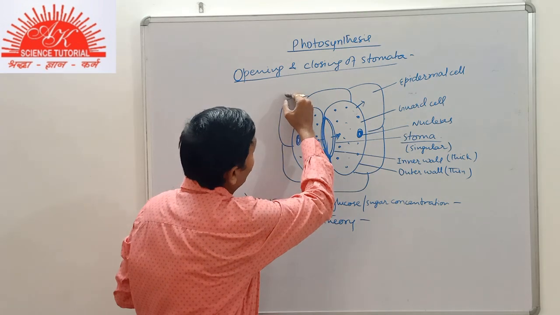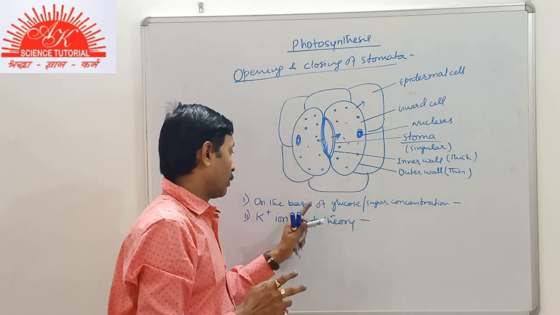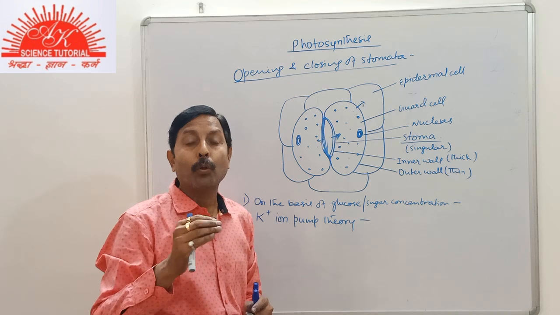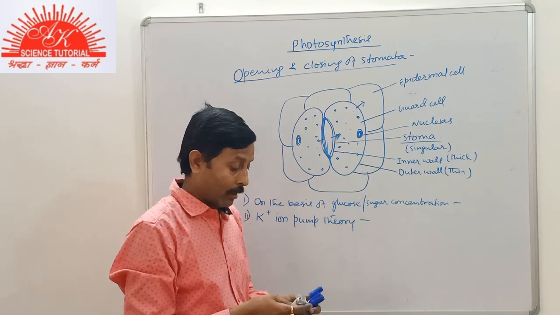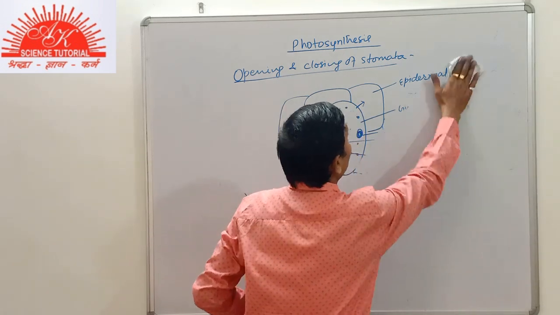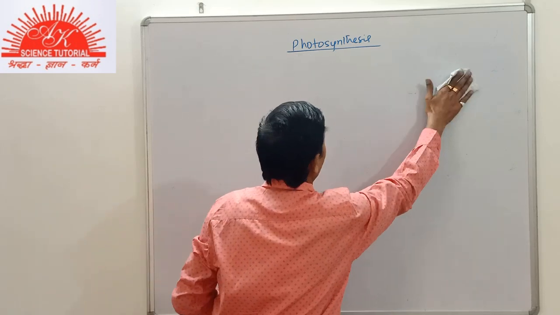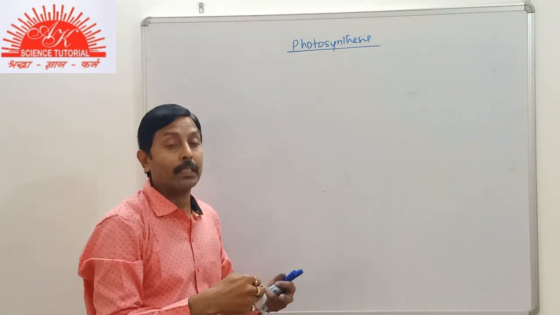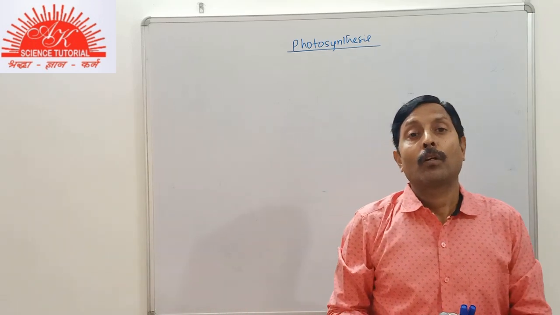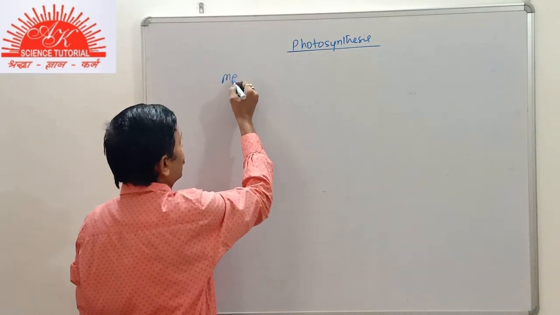So the stoma is opened or closed on two bases: one on the basis of glucose concentration and another on the basis of potassium ion concentration. It opens during the day to allow diffusion of CO2 for photosynthesis, and during the night it gets closed because there is no photosynthesis. Now, in the next part we have to study the mechanism of photosynthesis.